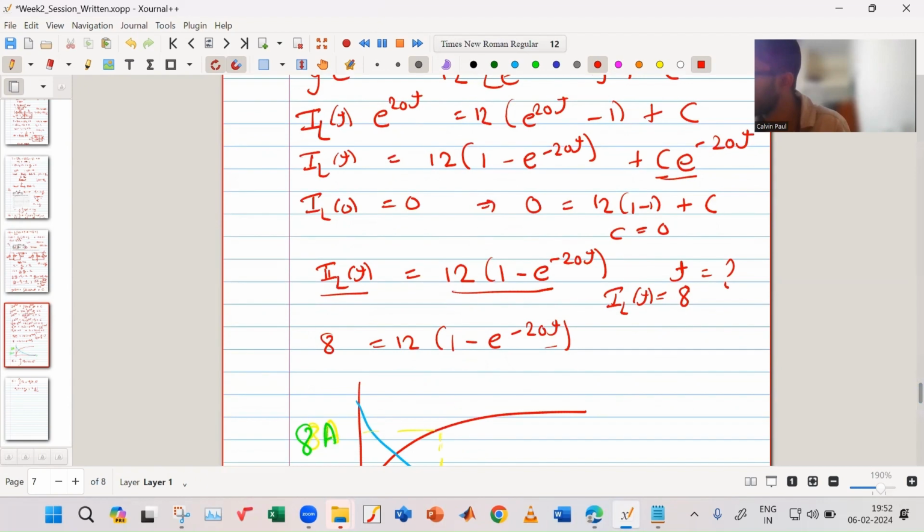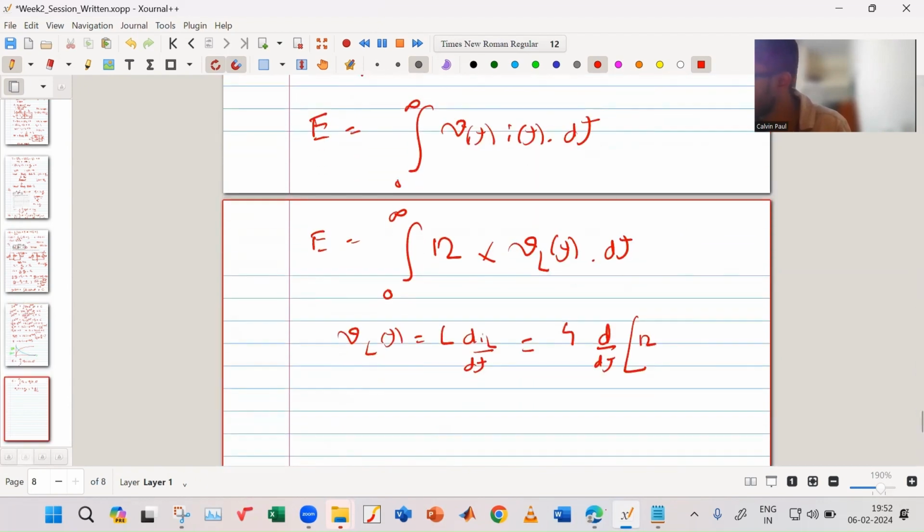So VL is 4 into d by dt of 12 into 1 minus e raised to minus 20t. So VL of t is 4 into 12, which is 48, and the derivative of 1 is 0, and minus e raised to minus 20t. What is the derivative of this?